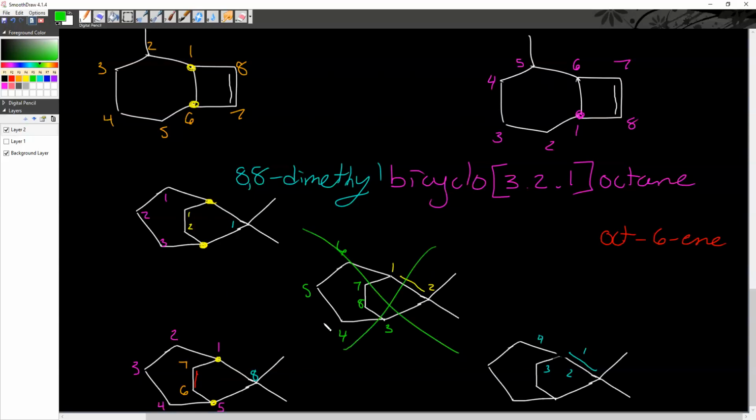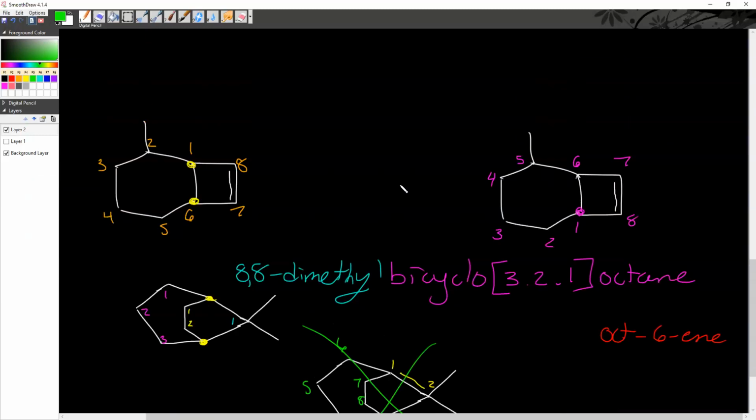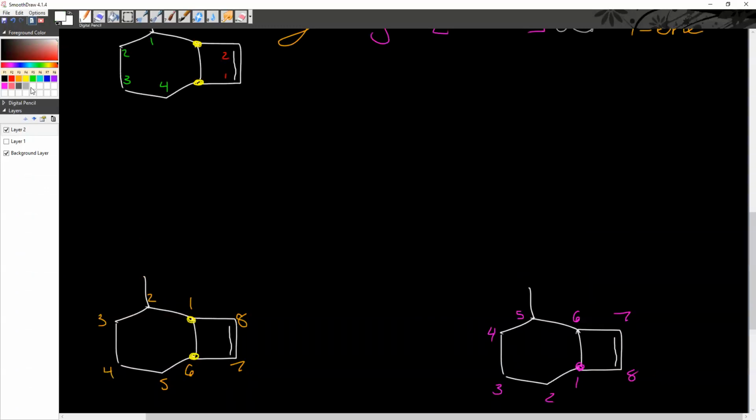Your teacher will most likely not give this to you because it's a little bit more complicated and these are very, very unstable. The reason, in case you're curious, is if we look at what this molecule looks like in 3D, if we try to put the double bond there, we get a very, very bad angle on this bridgehead.